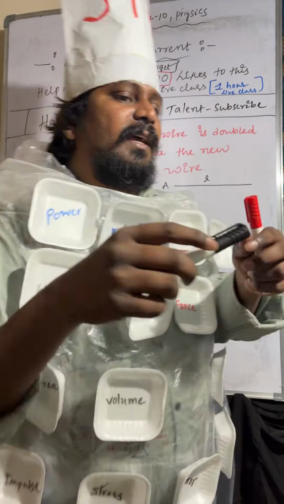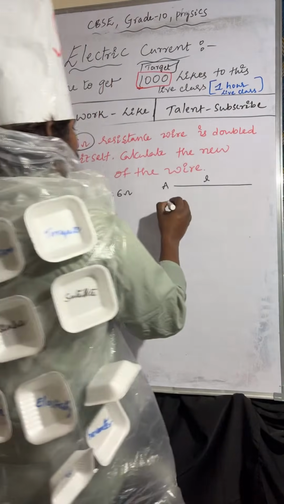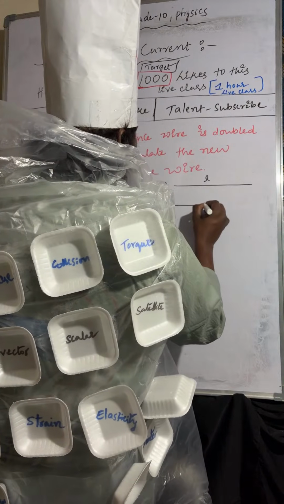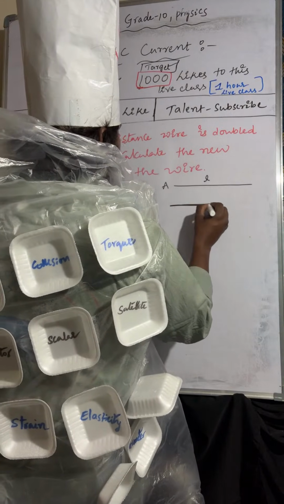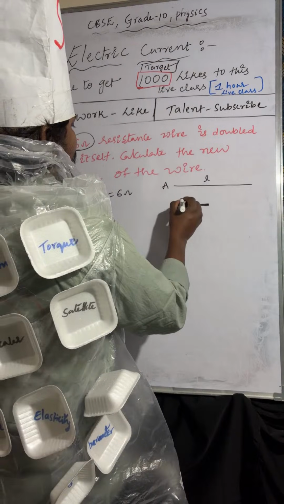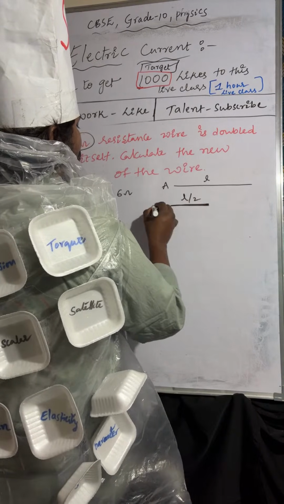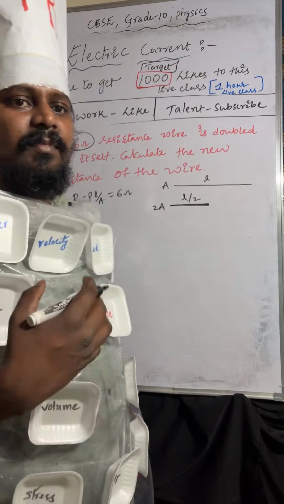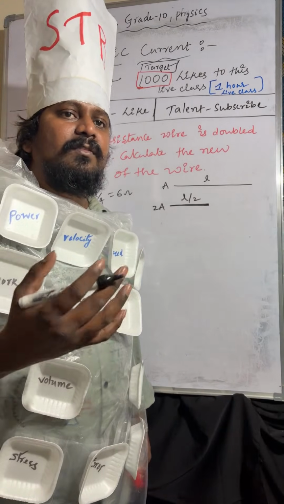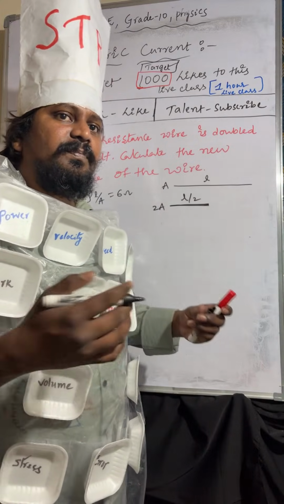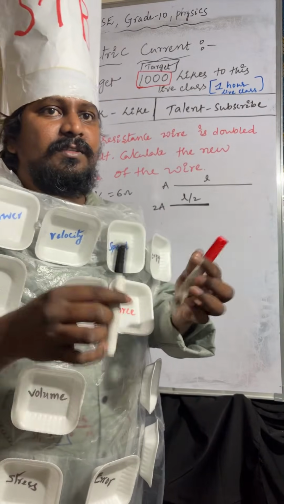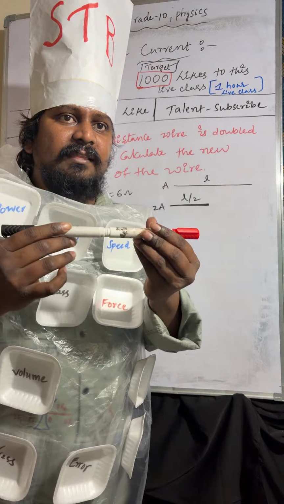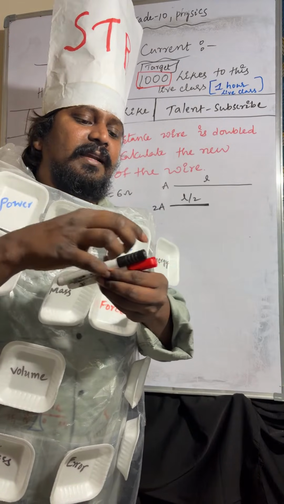Then you can check here. It is folded like this, so the length will become L by 2 and the area will become twice. Length will become half, area will become twice. Automatically the area increases.